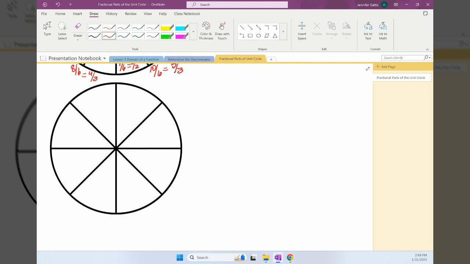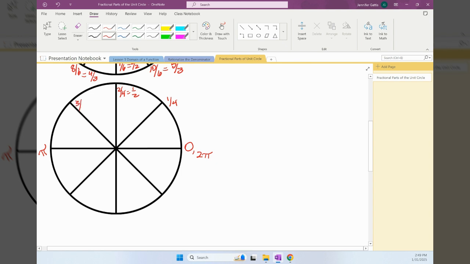circle. So again, remember we start here at 0. We have 1 whole pi over here. And this 0 is also the same as 2 pi. Okay? So when we think about the fractional parts of this upper hemisphere, this first one here is 1/4. Next is 2/4 or 1/2.